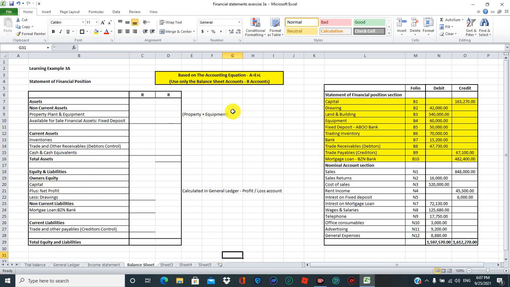Okay. So I said it's based on the accounting equation, and I will show you that once I'm done there. And you use only the balance sheet accounts, which is your B accounts.